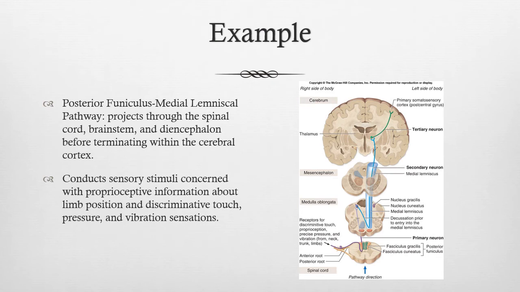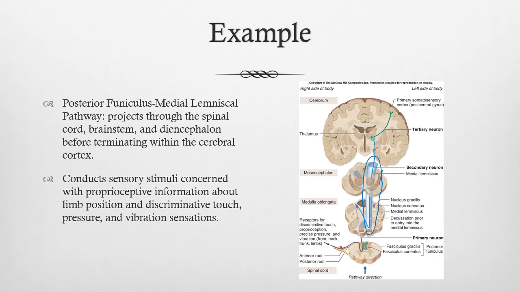As an example, we have information coming on up through the medial lemniscus, which is kind of our nerve within the spinal cord itself, as far as the information goes.